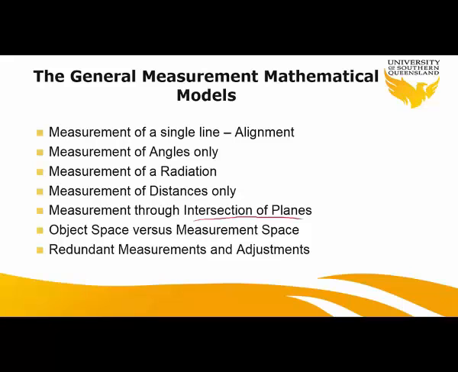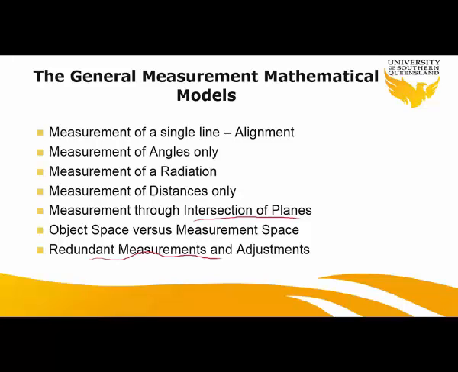We are also going to talk about object space versus measurement space and compare them together, and we always like to have redundant measurements for adjustment purposes, and it gives us more confidence.